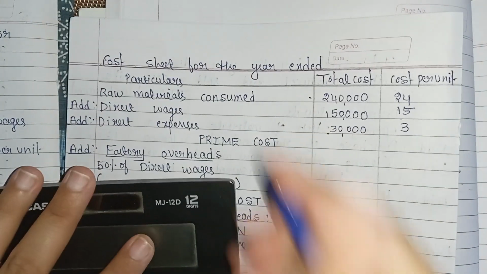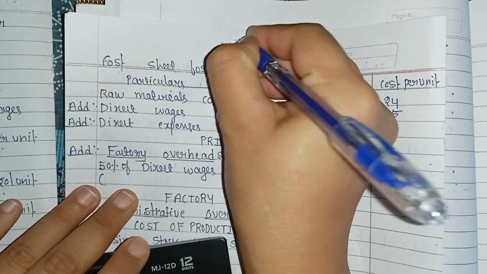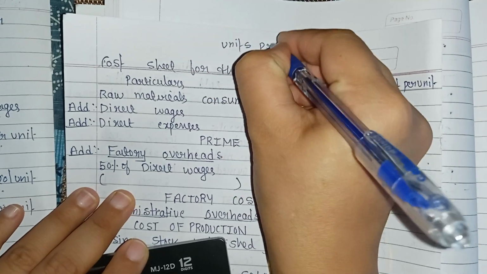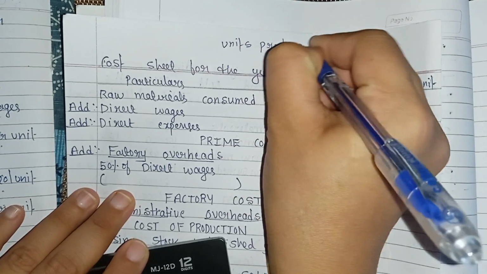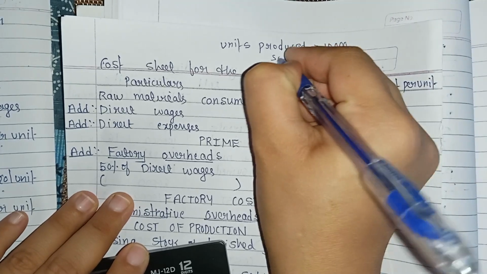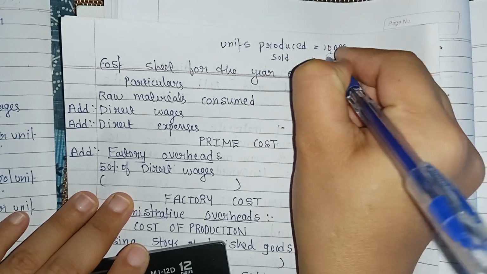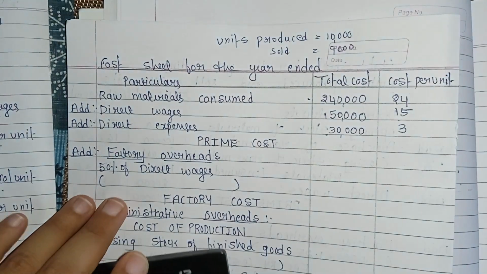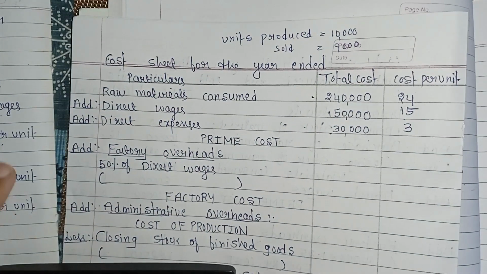Here I will write down units produced how much, 10,000, and sold 9,000. Clear?